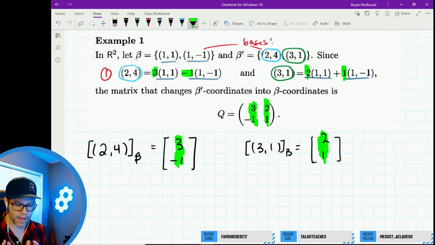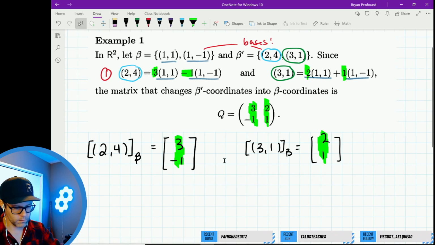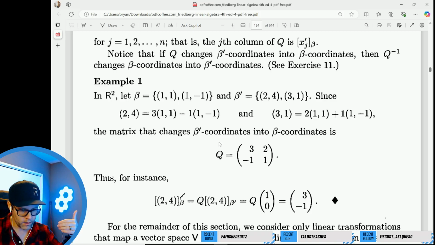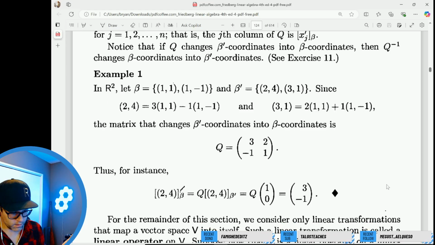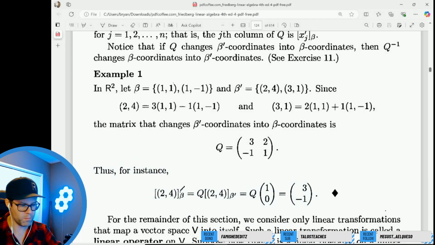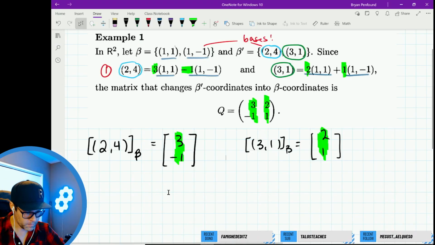And as soon as we have those coordinate vectors, they become columns of Q. So that's what they've started to do. Let's take a peek at where they're going to take this. They're just saying this is a change of basis matrix, and let's see how they utilize it.